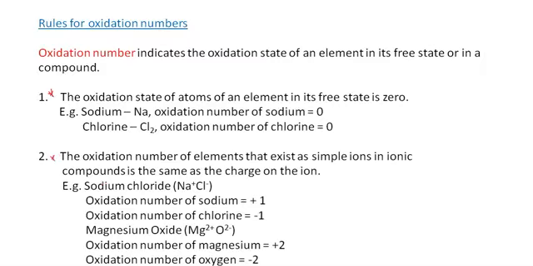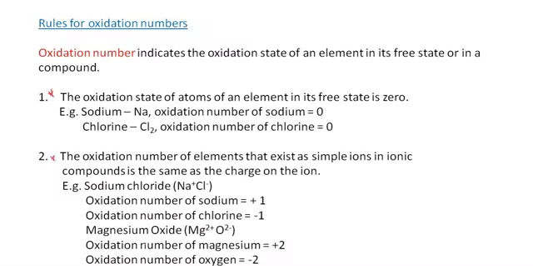The next rule is that the oxidation number of elements that exist as simple ions in ionic compounds is the same as the charge on the ion. So if we have sodium chloride, we have Na+ and Cl-. The oxidation state of sodium is +1, which is simply the charge on the ion, and the oxidation number of chlorine is -1, which is just the charge on the ion as well.